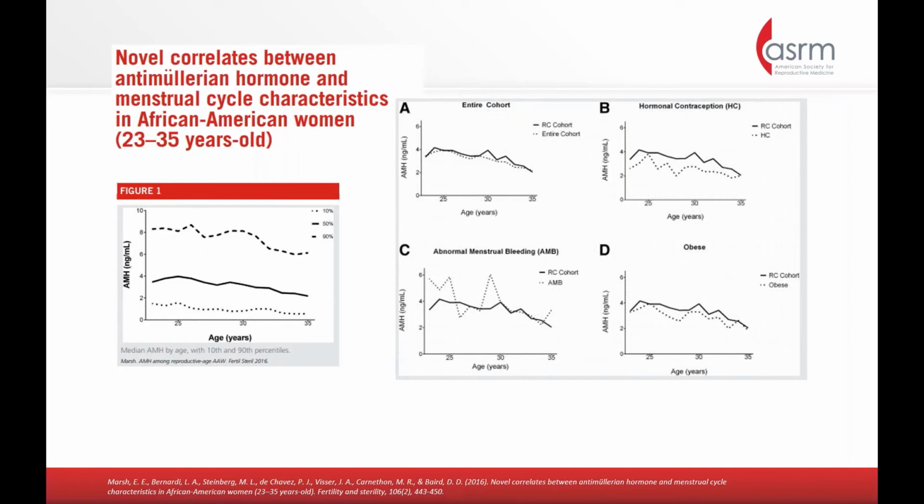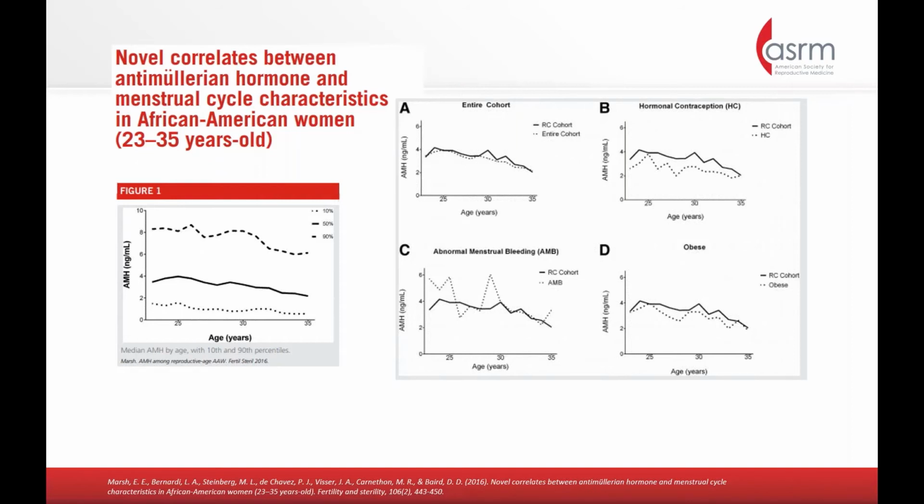This was an unselected group of women who were healthy and between the ages of 23 and 34 at the time of recruitment. AMH was assayed on each of these participants at their baseline visit, and cross-sectional analysis was done.